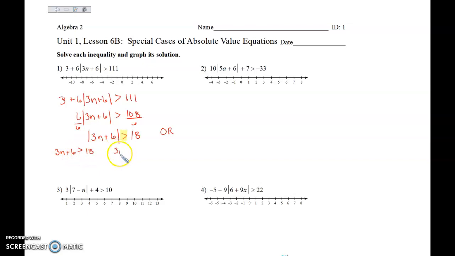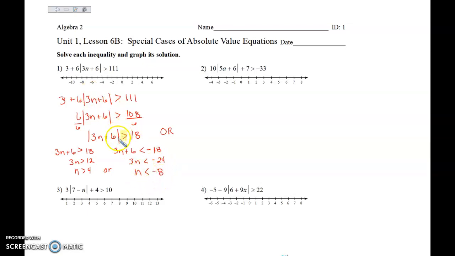And then 3n plus 6, switch the sign and switch the sign on the number. Okay, so minus 6. So 3n is greater than 12. Divide by 3, so n is greater than 4. Or when you subtract 6, you're going to get 3n is less than negative 24. Divide by 3, so n is less than negative 8.